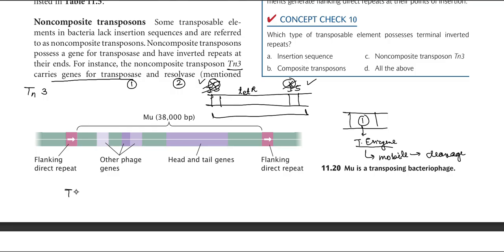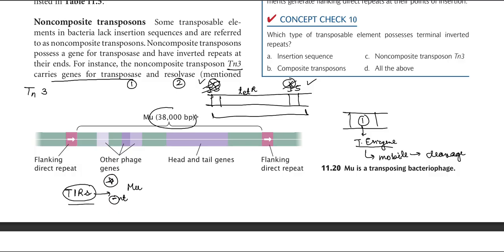In the very beginning of the videos, when I talked about the transposable elements, I said that not all of the transposable elements have TIRs. So in Mu, the TIRs are absent. It is very important to know. And this is particularly in the bacteriophage transposable elements.